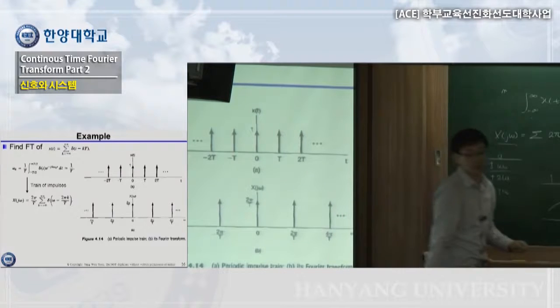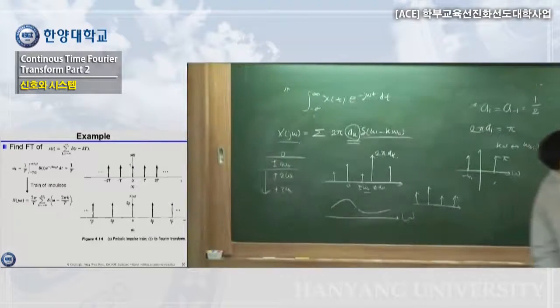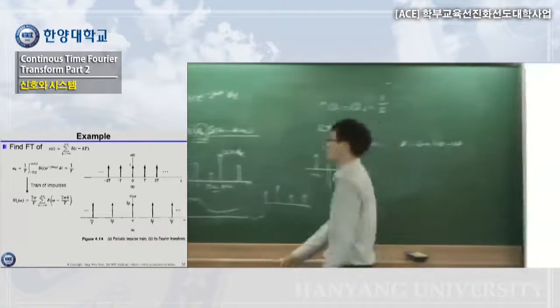This is another example you can find in our textbook. Say we want to find the Fourier transform of this impulse train. This is a periodic signal whose Fourier series coefficient we already know, which is 1 divided by T. Each impulse is spaced by T, so they will have omega 0.